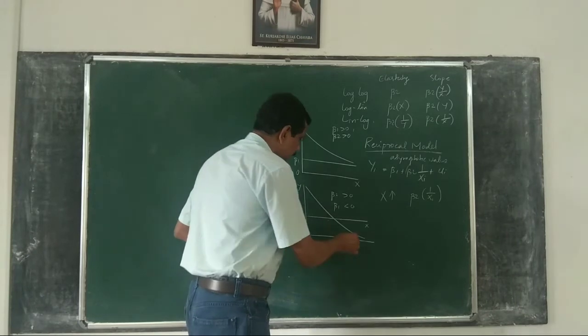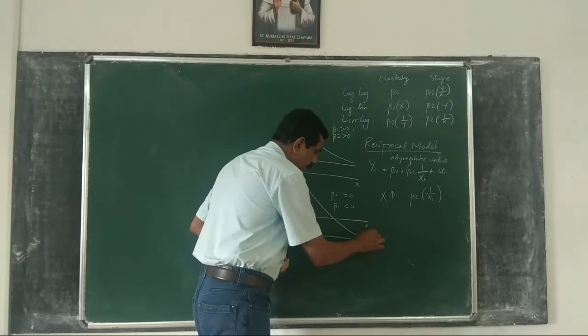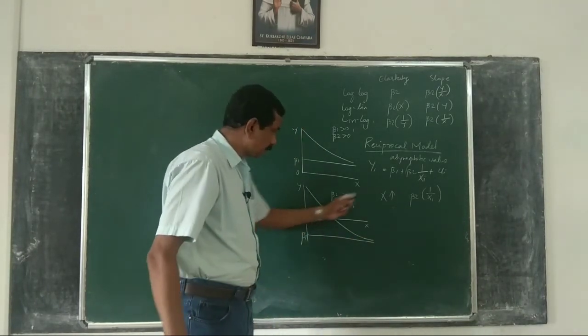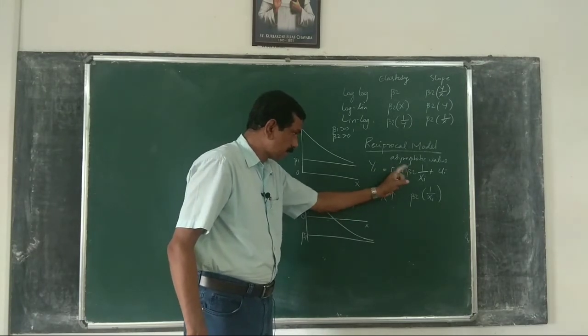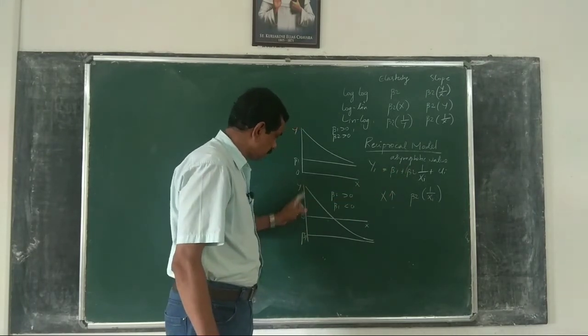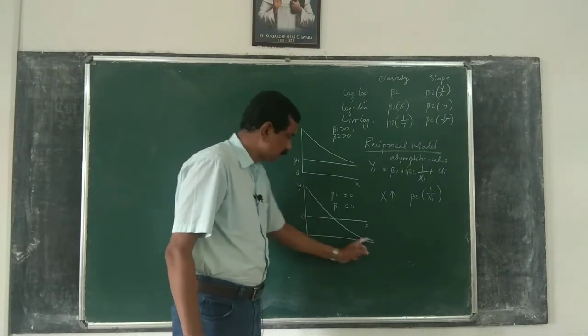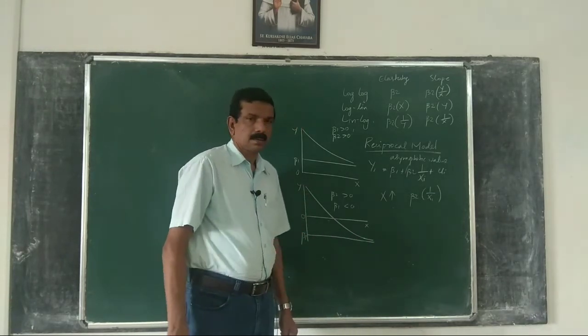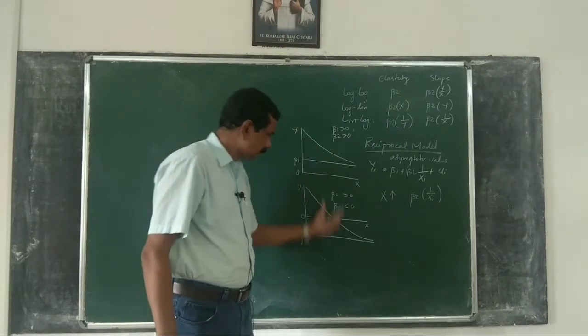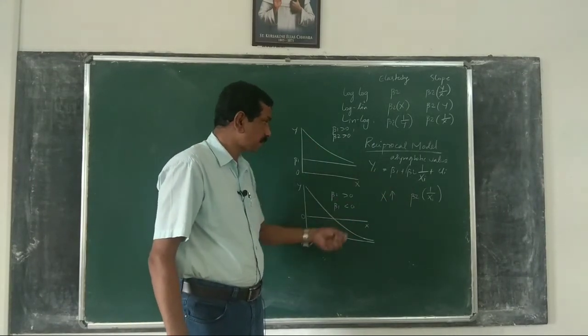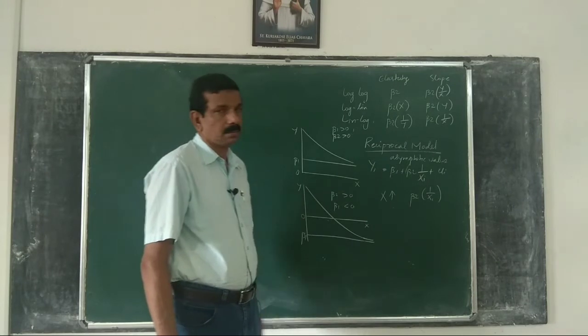So as x increases indefinitely, again y approaches the limit, the asymptotic value beta 1, but now beta 1 is negative. These are two possible shapes of reciprocal models.